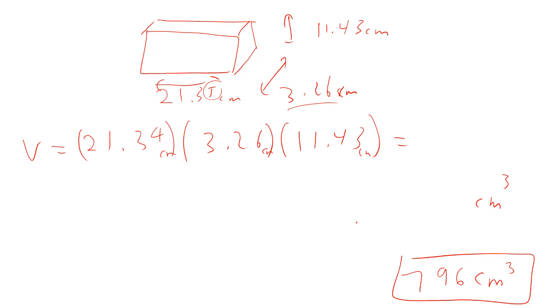My answer would be 795.166812 cubic centimeters. So when I round it, that would be 795 cubic centimeters. Remember, this is our least significant digit, so that would change by 1. Okay, that doesn't really matter. It doesn't really change a whole lot.